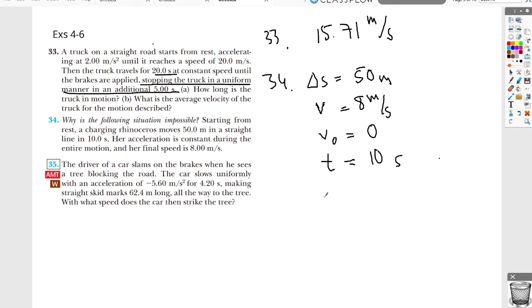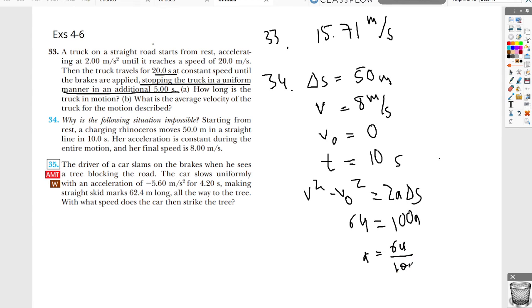Never mind. Let's use our fifth equation, v squared minus v naught squared equals 2a delta s. I don't know what a is, but we definitely know what delta s is. So 64 equals 100a, so a is equal to 64 over 100 meters per second squared.